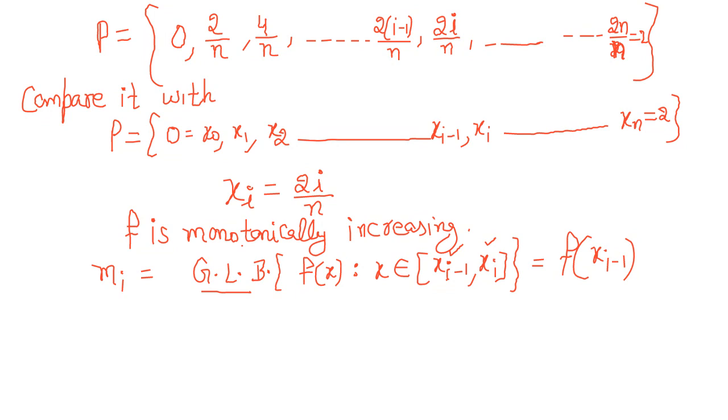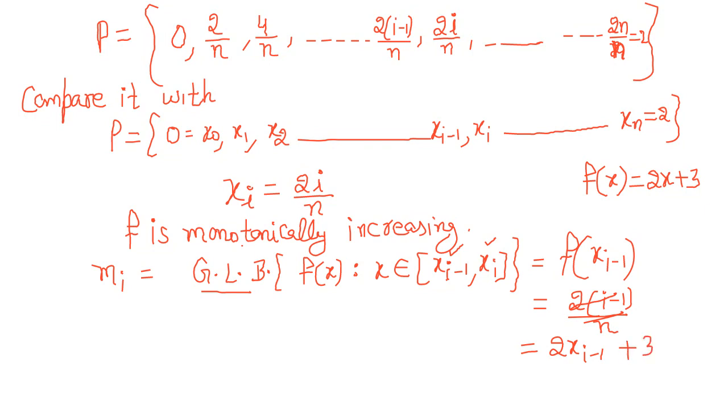Okay. So what is xi? Xi is 2i by n. What is x(i minus 1)? That is (2i minus 1) upon n. What is the function? Function is your 2x plus 3. So you will get here 2 x(i minus 1) plus 3.